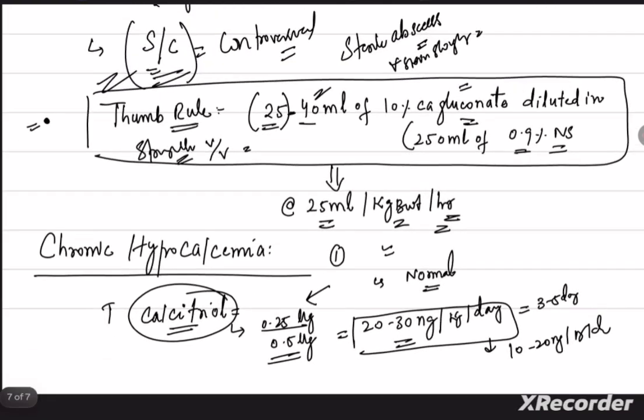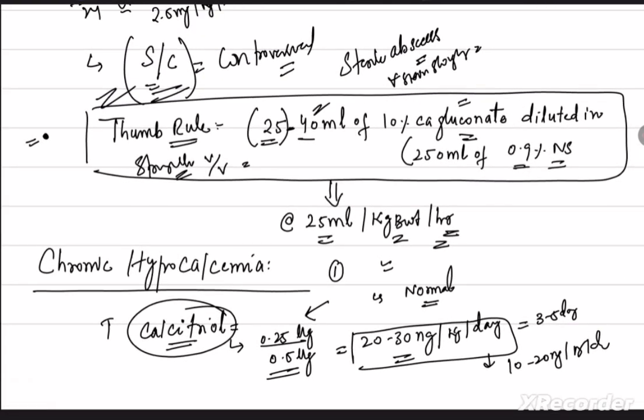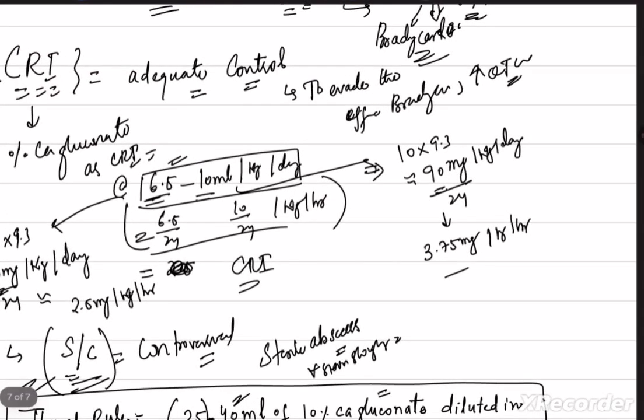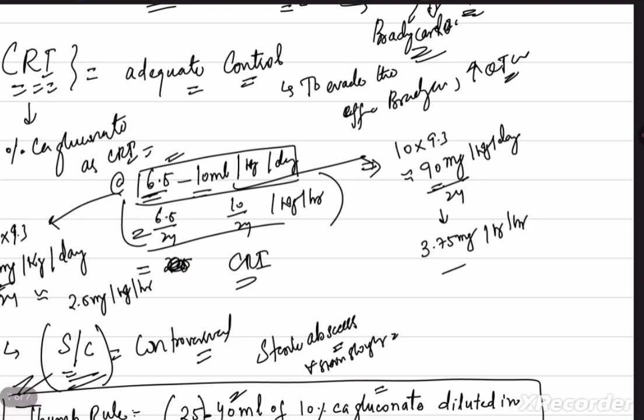So first give 10% calcium gluconate, then maintain with vitamin D, and you can also give calcium lactate tablets. So you have to remember this. This is the treatment protocol for hypoparathyroidism.